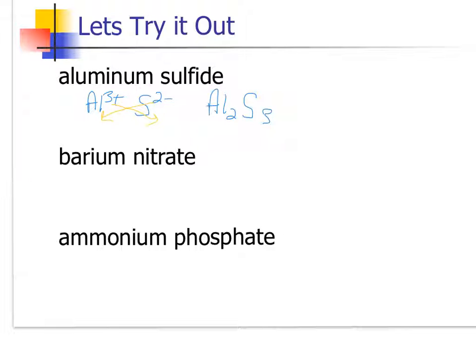So, the next one, barium nitrate. Ooh, ends in ATE. That means it's on the back of my periodic table. So that means I need to look on the back of my periodic table to find out what nitrate is. The front of the periodic table is going to have my barium, Ba plus 2. Nitrate, again, I'm going to put them in parentheses at the beginning here. NO3, the negative charge. I can see that my charges don't match up, and so I do my crisscross method.